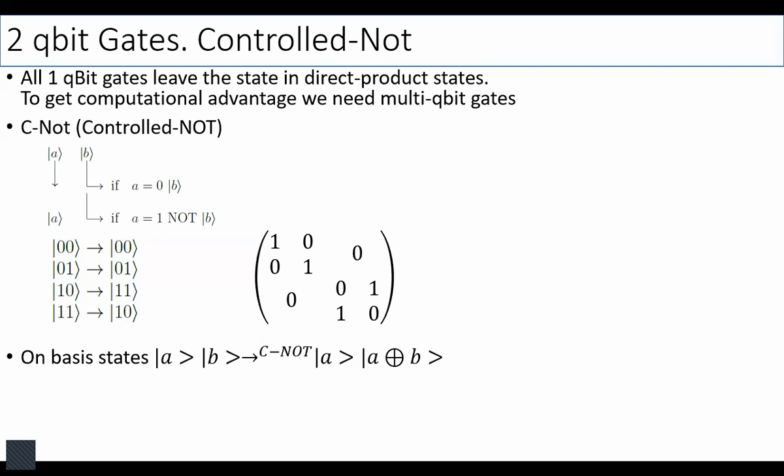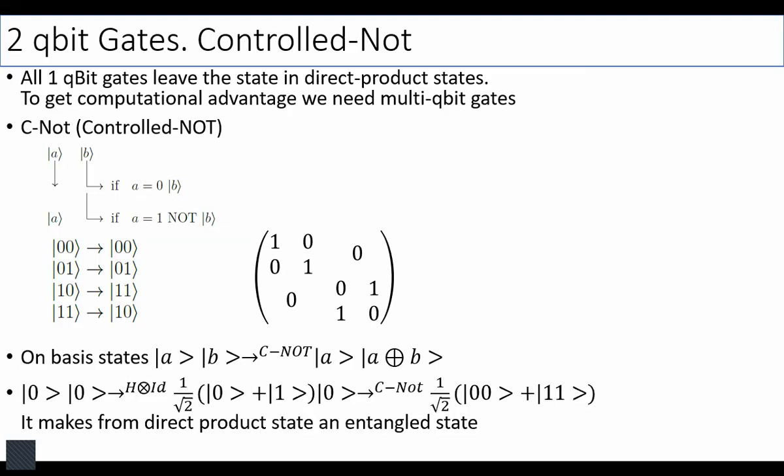Such alpha exists, but now alpha becomes not a number but a matrix. I think this does not fit well to the logic of quantum computers, because the main idea is that all the previous things which I presented were preserving direct product states, and this one would not preserve direct product states.